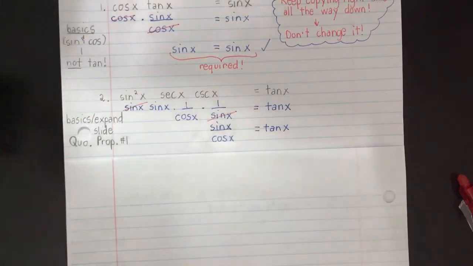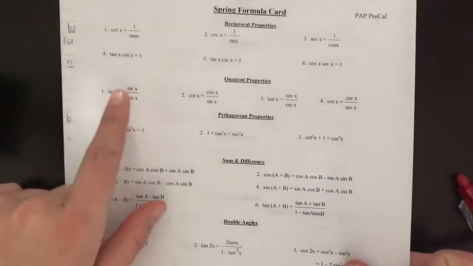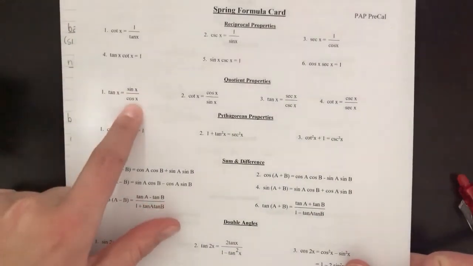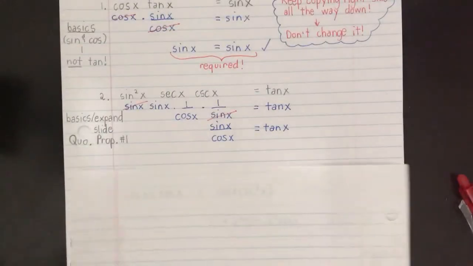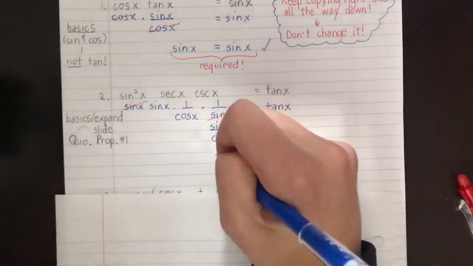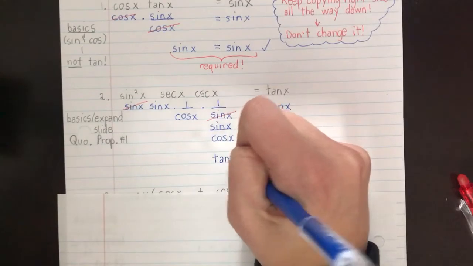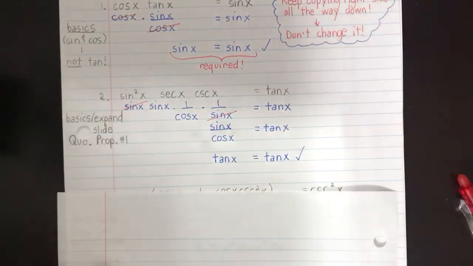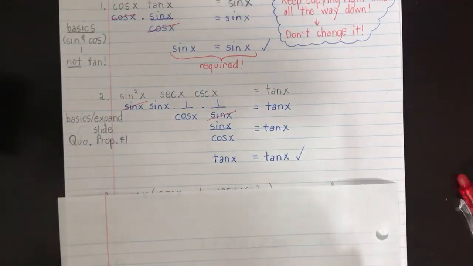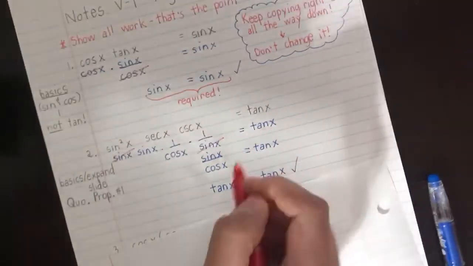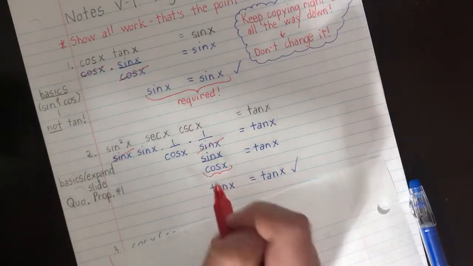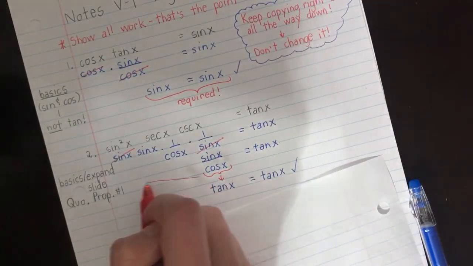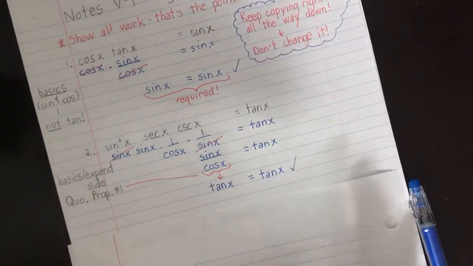You have the quotient property number 1 on your list here, that tangent of x equals sine of x over cosine of x. So that quotient property tells us that tan of x equals tan of x. Yay, number 2 down. We're good. All right, so that was our quotient property number 1.